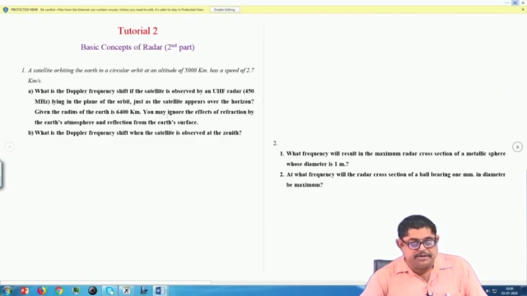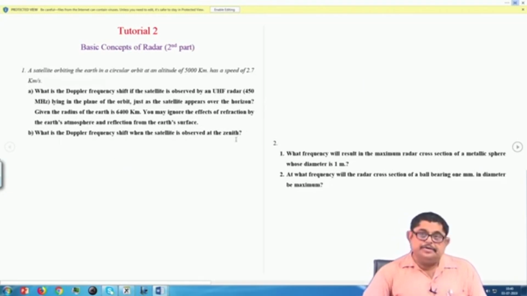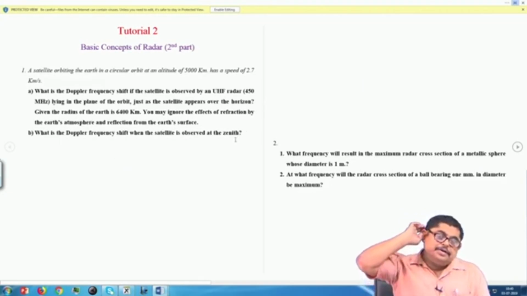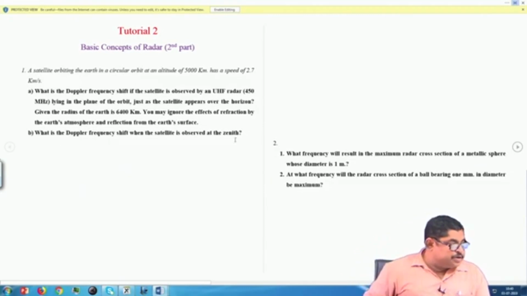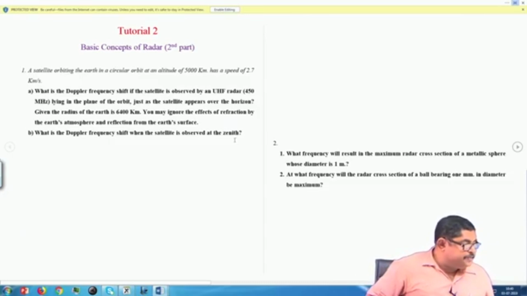Given the radius of Earth is so much, you may ignore the effects of refraction by the Earth's atmosphere and reflection from the Earth's surface. The same thing is asked: what is the Doppler shift when the satellite is observed at the zenith. Interesting thing, this is on the Doppler shift concept. So, let us see this.